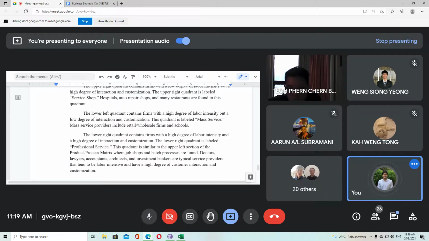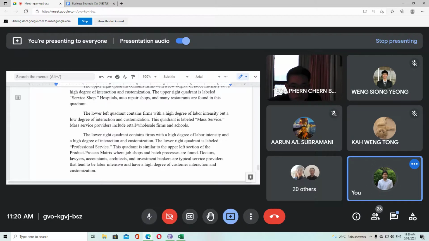The lower right quadrant contains firms with a high degree of labor intensity and a high degree of interaction and customization. The lower right quadrant is labeled professional service. This quadrant is similar to the upper left section of the product process matrix where job shops and batch processes are found.